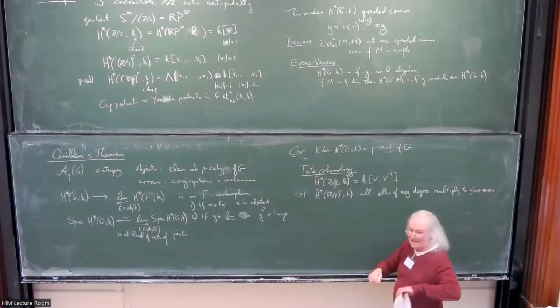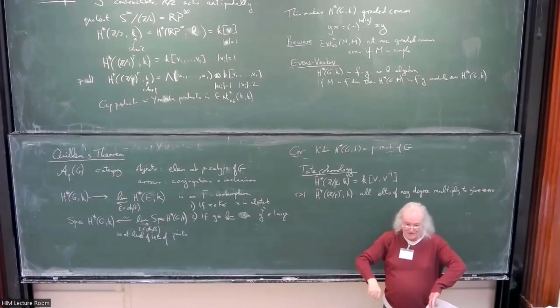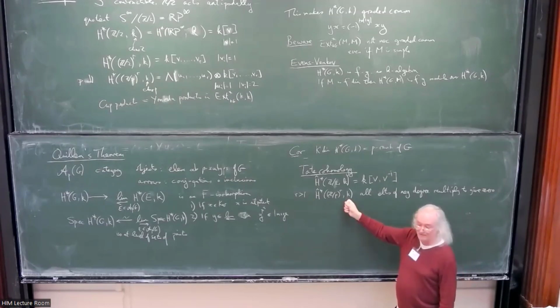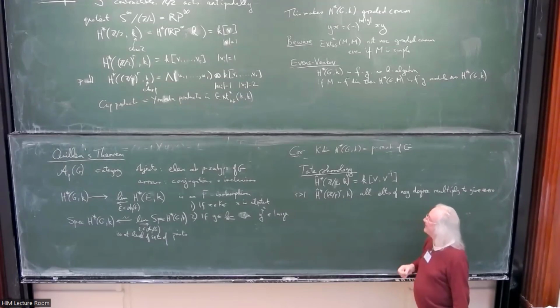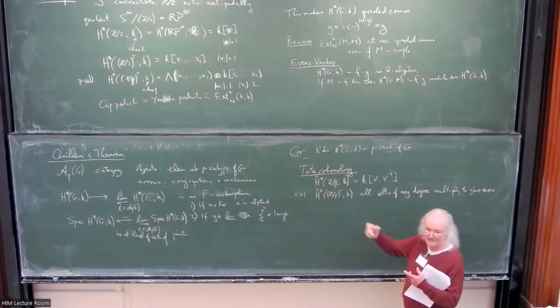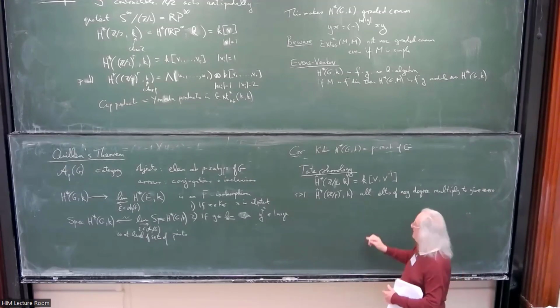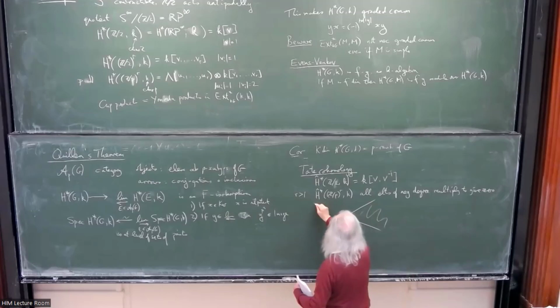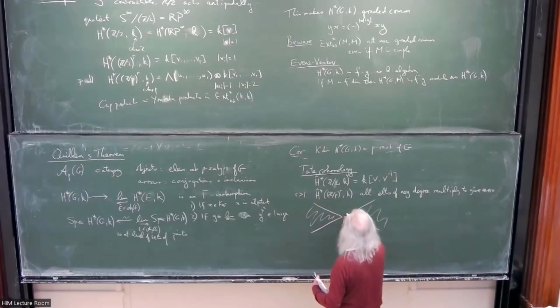In other words, if I take any two elements of negative degree and multiply them together, I get 0. So in particular, this is not a Noetherian ring. Somehow what's happening is you've got the positive cohomology, this stuff, and you've got the negative cohomology, this stuff. So here's 0 and -1.